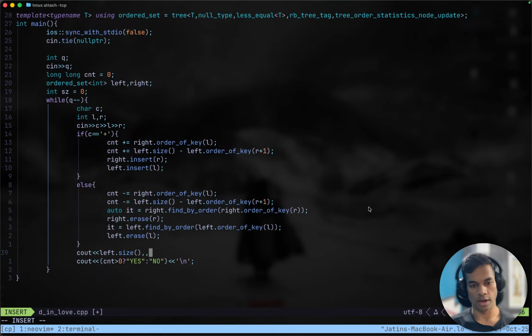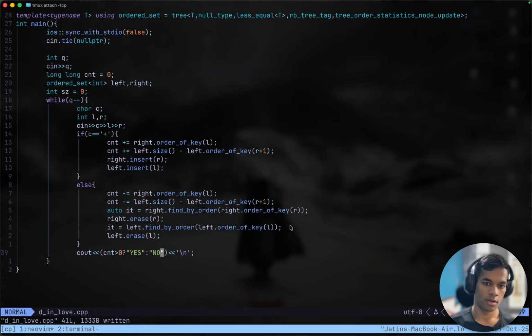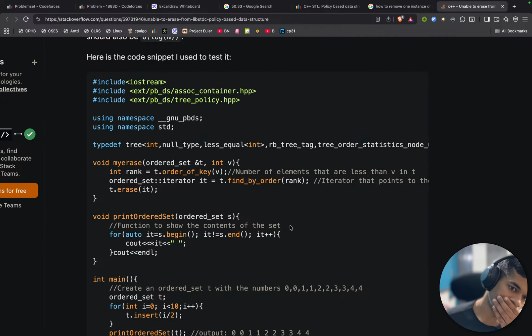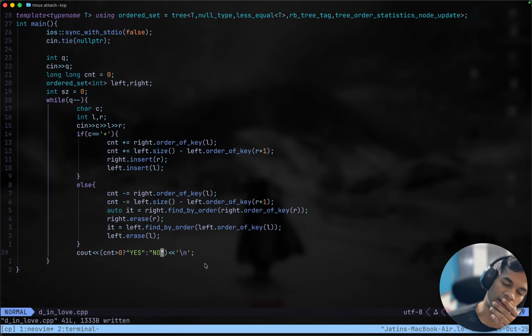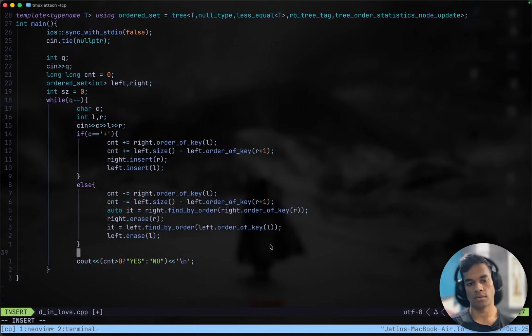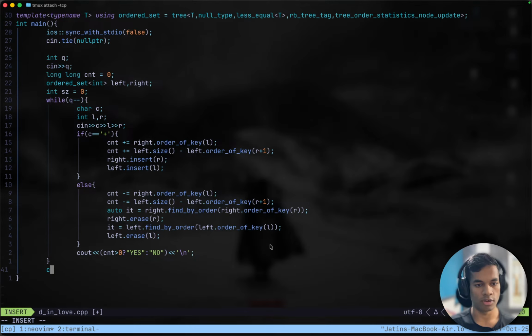Left dot size. Okay, size is not decreasing, size is not decreasing. And then we have removed all of the elements. And okay, what I would like to check is cout left dot order of key, how many elements are smaller than 10.